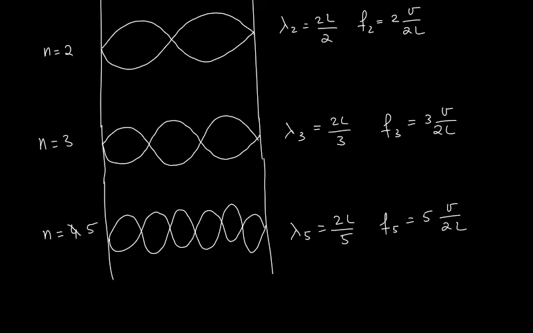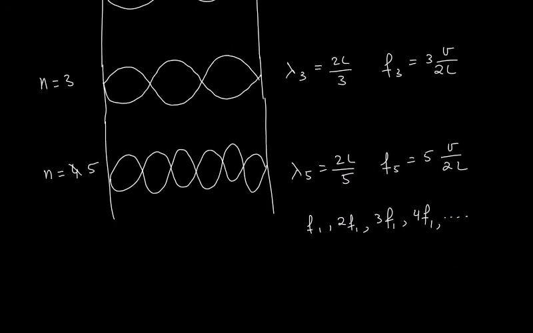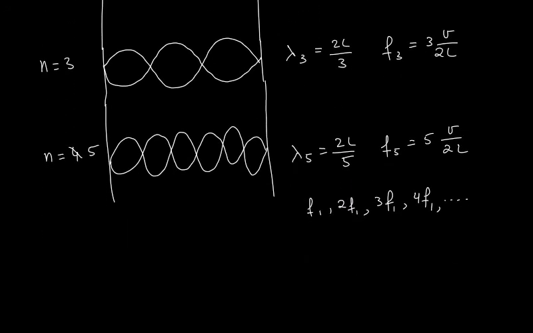So the frequencies of normal modes form a series of f1, 2f1, 3f1, 4f1, and so on. The fundamental frequency f1 can always be found as a difference, delta f.